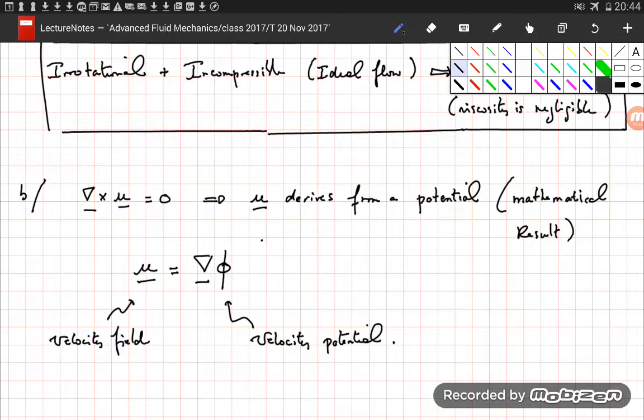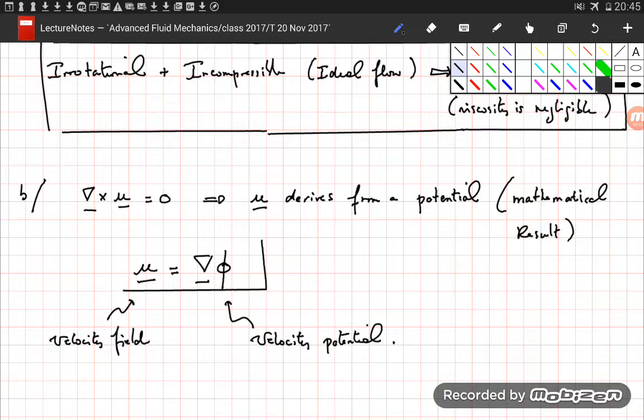Now, this is not as unfamiliar as it may look at first. You already know this from dynamics or from point mechanics. If you don't see why an irrotational flow would derive from a potential, remember, replace the velocity field by a force field. Forget about velocities, forget about fluid dynamics, remember just dynamics.